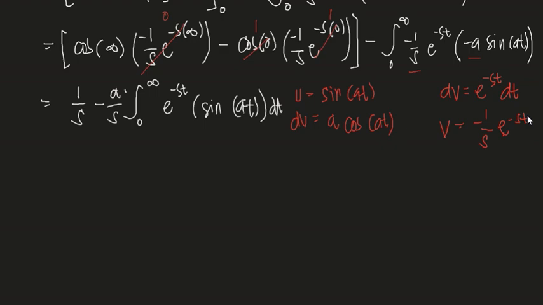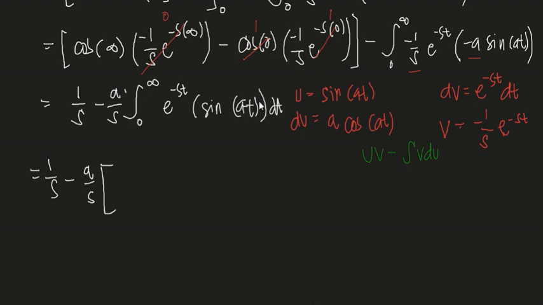Next, substitute natin sa aton nga equation gamit ang equation nga uv minus integral of v du. Okay, so pwede kita sa aton nga equation. So we will have 1 all over s minus a all over s multiplied by, so evaluate natin uv minus integral of v du.